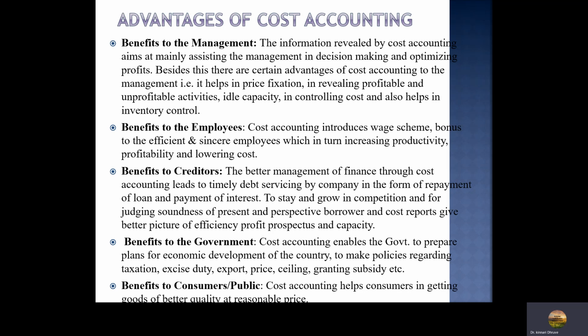The government can be guided through cost accounting in the preparation of plans for the economic development of the country, and to make policy regarding taxation, excise duty, exports, price, selling, granting subsidy, etc. Many times you can read in the newspaper or hear on news channels that for certain products and services the GST rate has been increased or decreased.